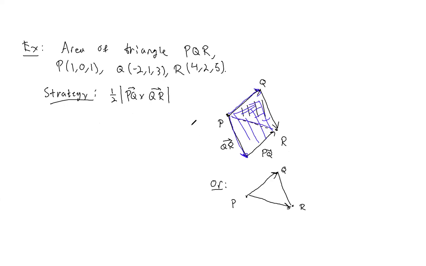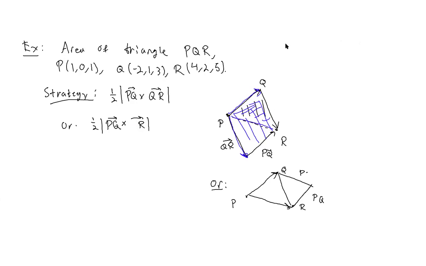So this is 1/2 PQ cross QR. If you do it in this case, well, then here's PQ again, and here's PR. I just wrote the same thing twice. Oopsie.